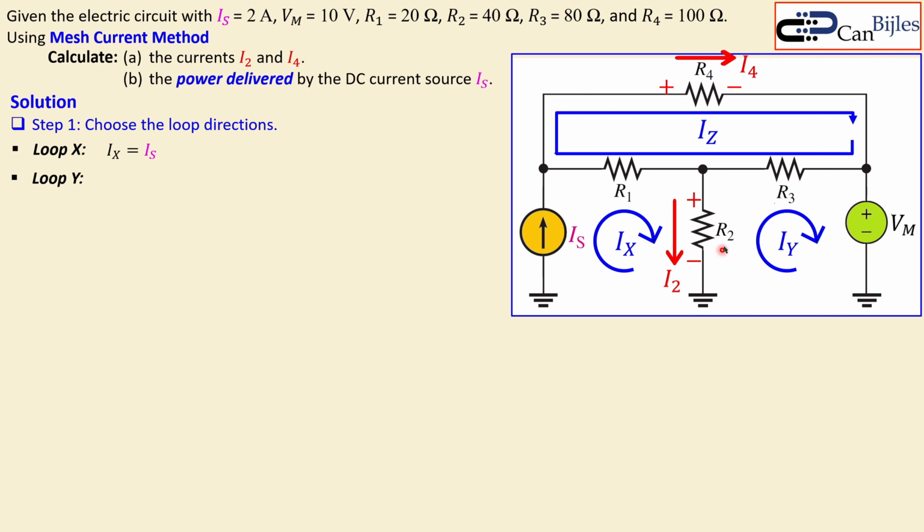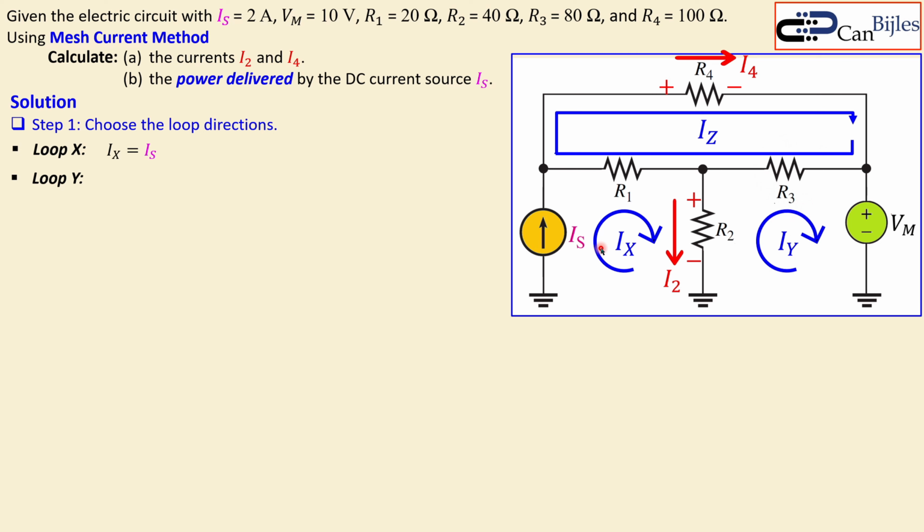We add R2 and R3 together. IY is the orientation we have chosen, clockwise. IX is fighting back for R2, and IZ is fighting back for R3.